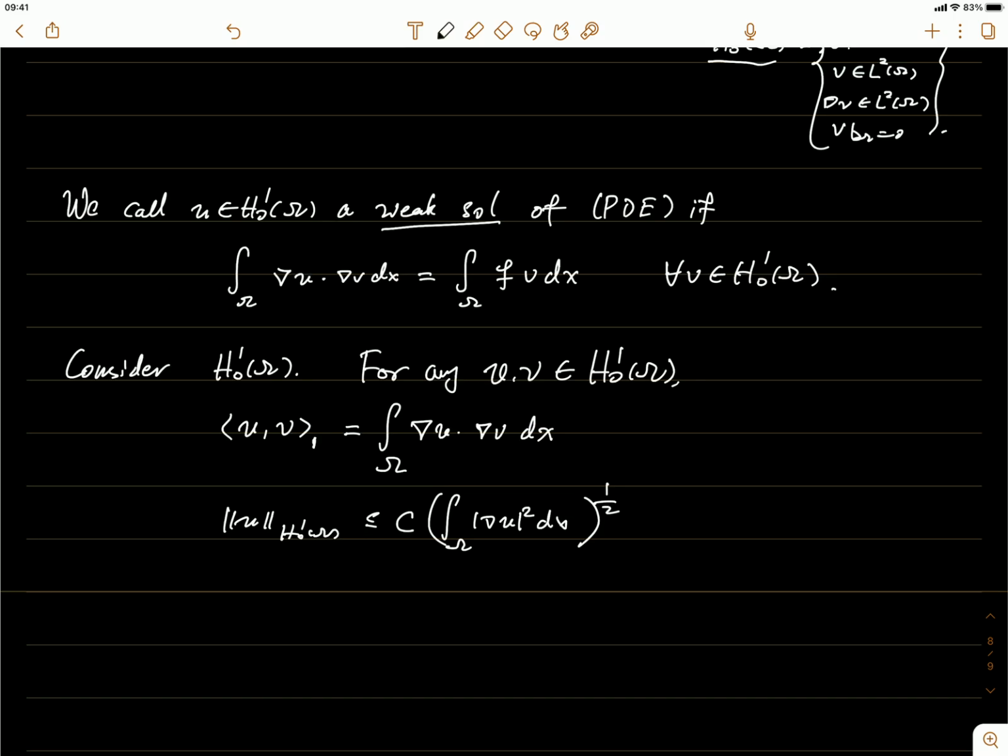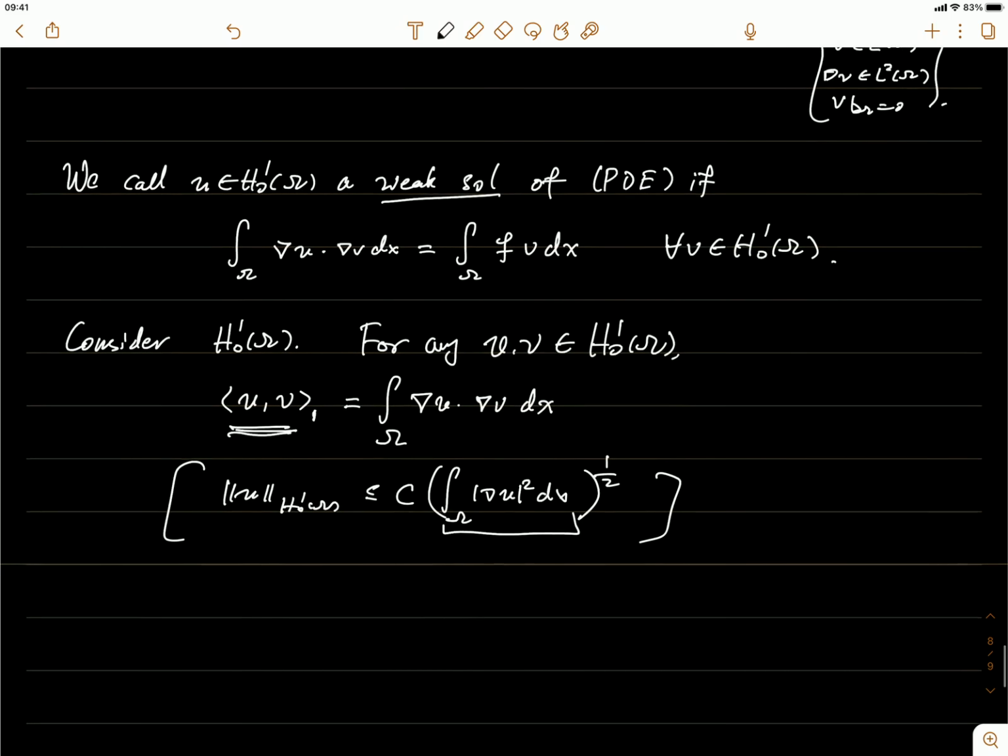And we can generate an inner product out of this norm by showing that this norm actually satisfies the parallelogram identity, and with that we can claim that this is actually an inner product.